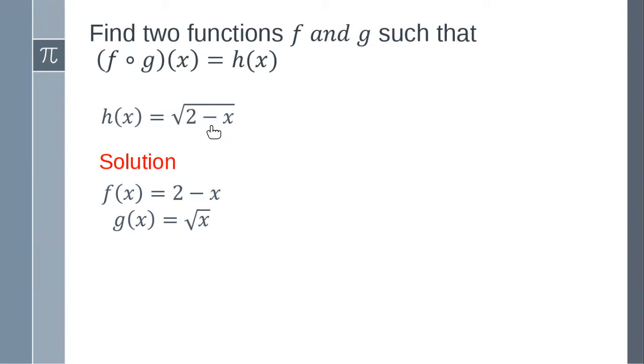It has to go in somewhere, so we can just call it x. So on the computer, you can enter your answer as 2 minus x, comma, square root of x. And there are different solutions, like Ruben could have called f of x the square root of x and g of x 2 minus x. So it doesn't matter. There are multiple solutions for this type of problem.